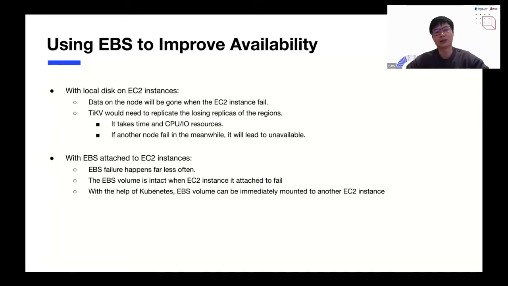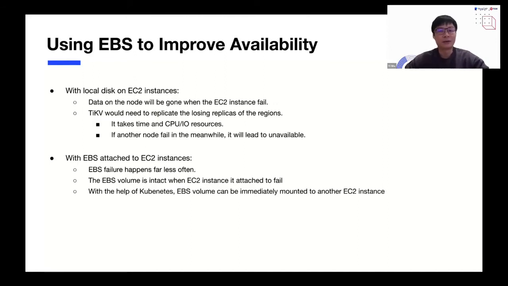So we don't even need to re-replicate that data, and it avoids the unavailability issue that we just described. So with EBS we can mitigate the unavailability issue, for example the AZ+1 issue.